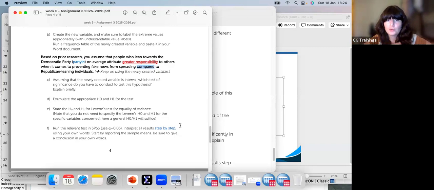Your H1 is non-directional: the population variance of group 1 is not equal to the population variance of group 2. Basically, instead of population mean, you just say population variance. Otherwise, it looks exactly the same as your t-test hypotheses.